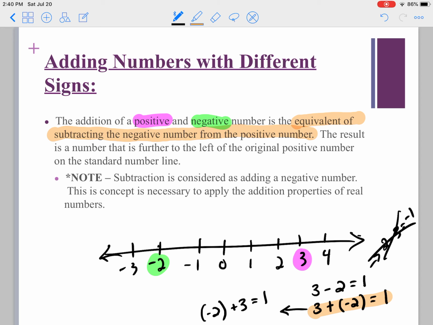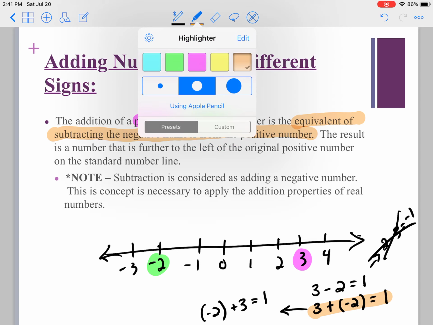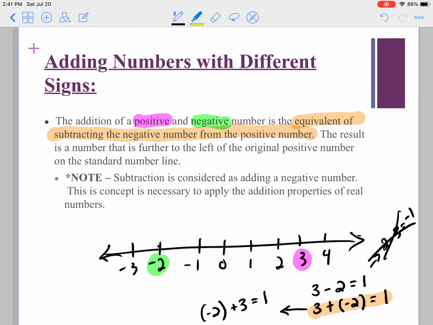So we want to really highlight the fact that instead of using subtraction, we are adding a negative. And so let's see what the result is. Well, the result, in this case, we replace it on the number line. The result is 1.